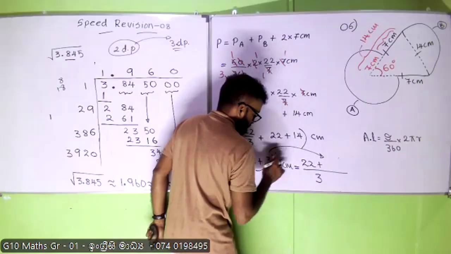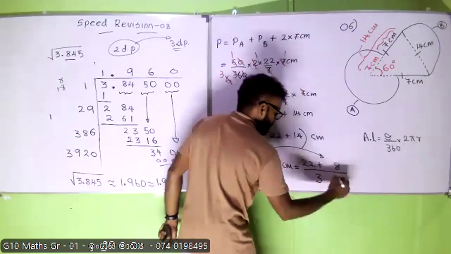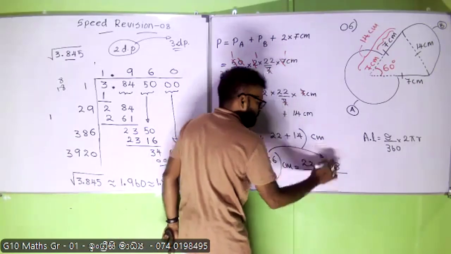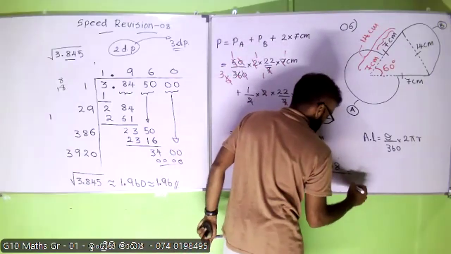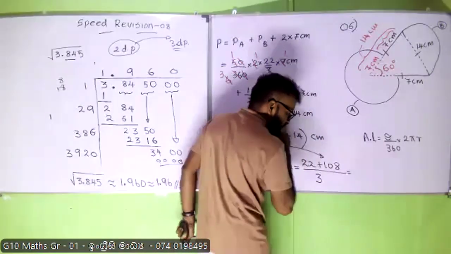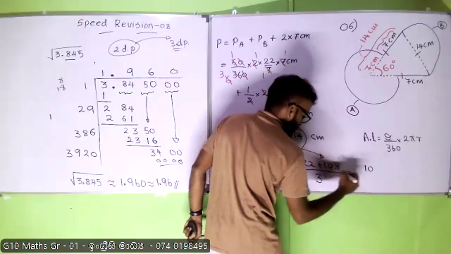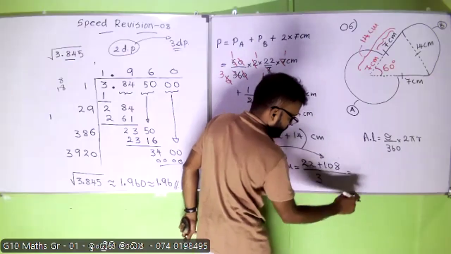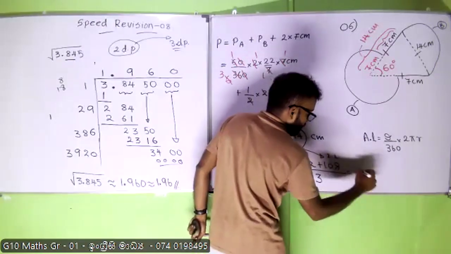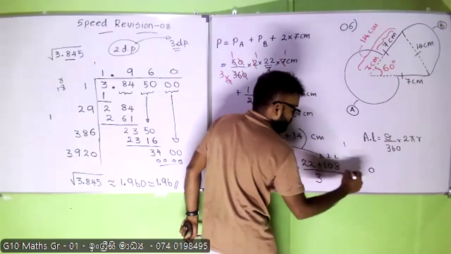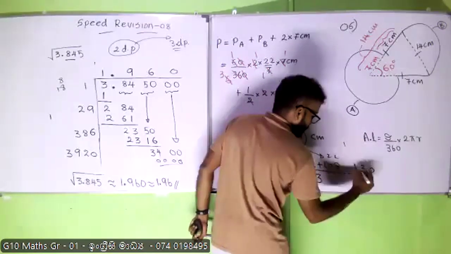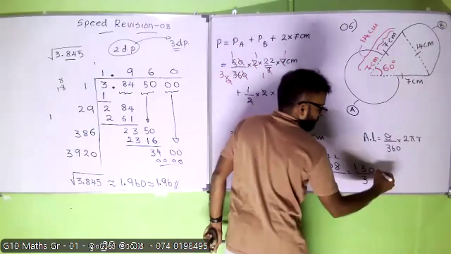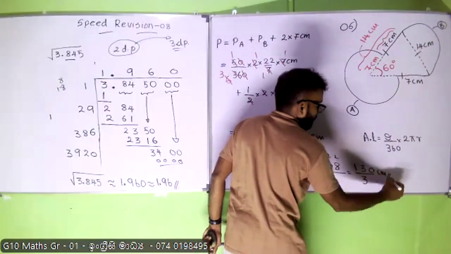3 times 4 is 12, 3 times 1 is 3, so 42. 22 plus 42 is 64, over 3 centimeters.